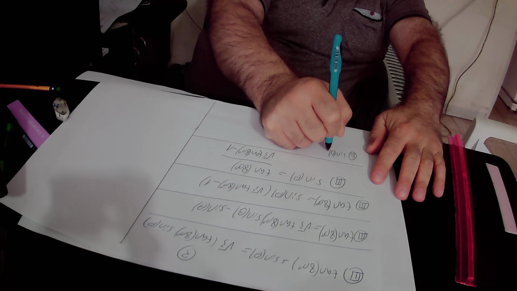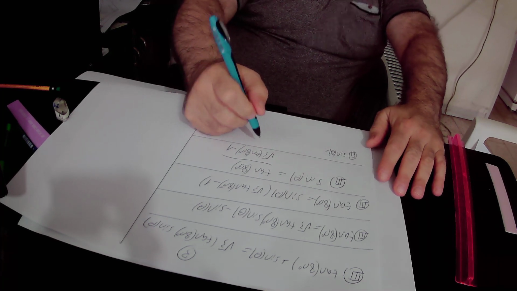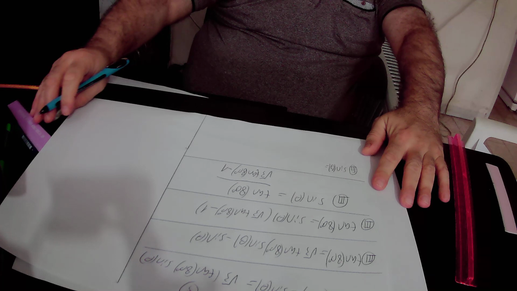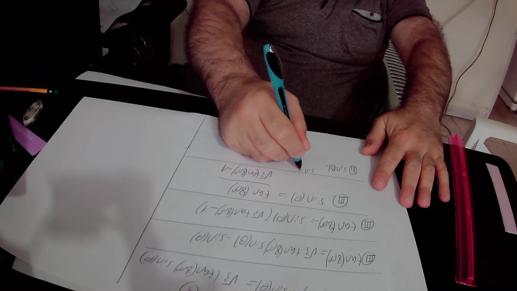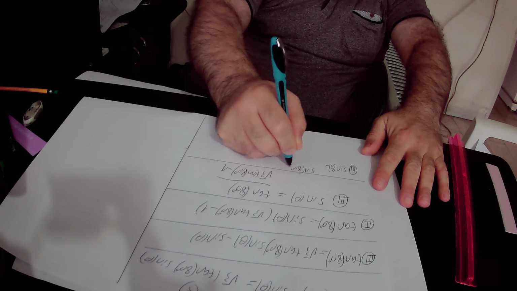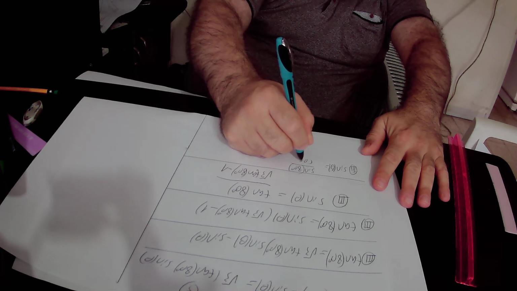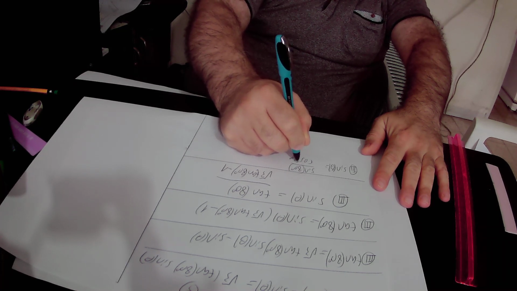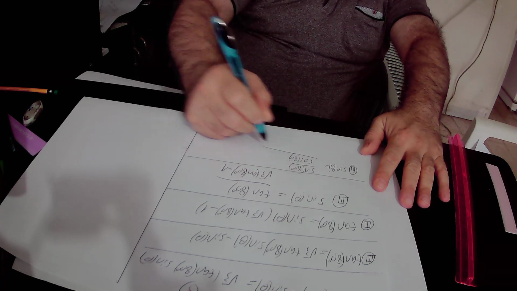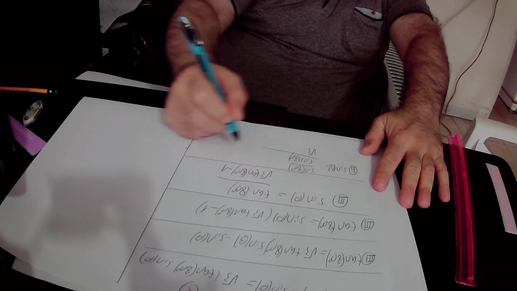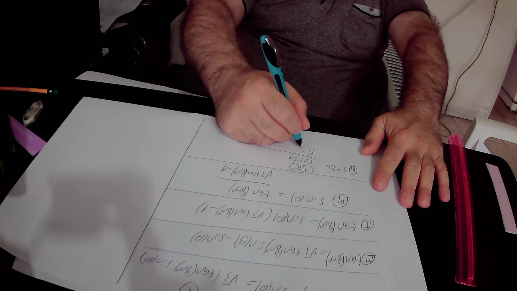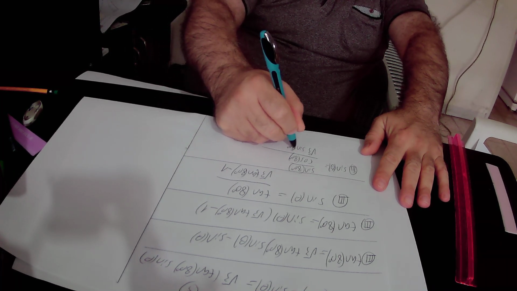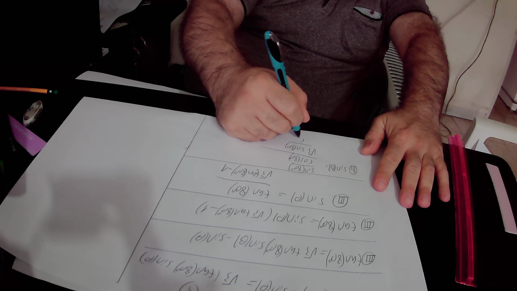equals tangent 80 degrees, which is sinus 80 degrees over cosine 80 degrees, and we have square root of 3 tangent 80 degrees, again sinus 80 degrees over cosine 80 degrees.